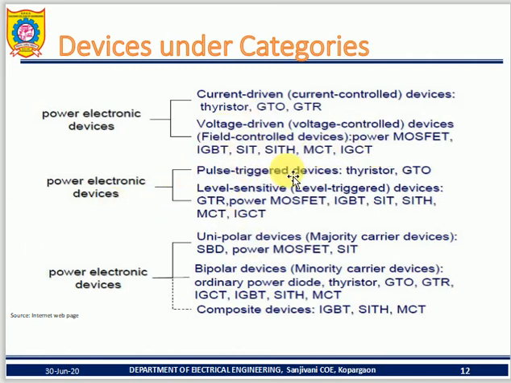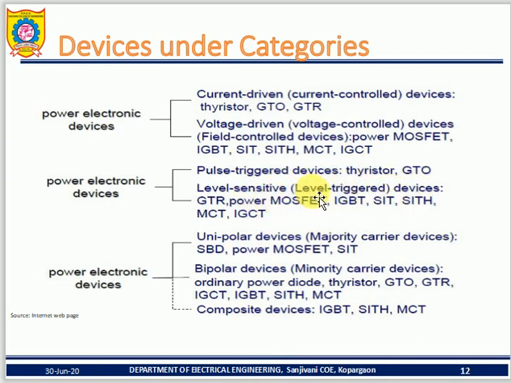Another is pulse triggering circuits. It needs a minimum current; once the gate pulse crosses that minimum current, even if you cut the gate pulse, the thyristor or GTO keeps on turning on. Next is level triggering circuits.